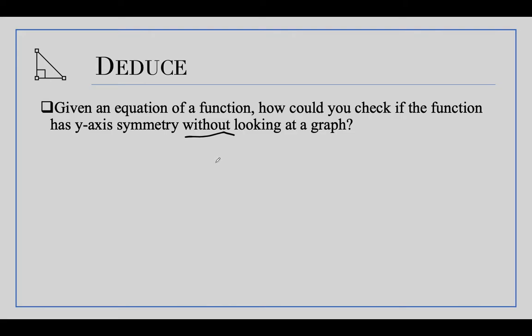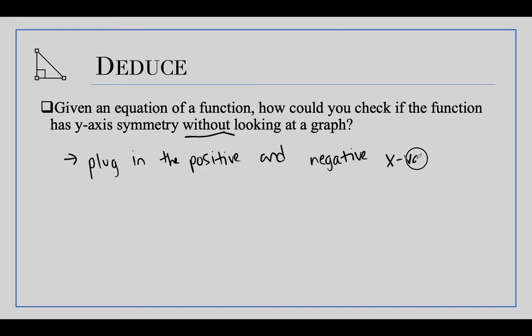Well, based on the previous question, hopefully one of the first ideas you have is to plug in the positive and negative x value and see if they produce the same result.